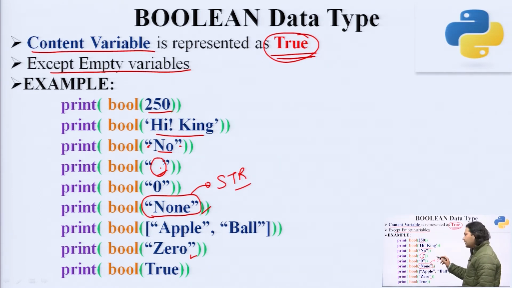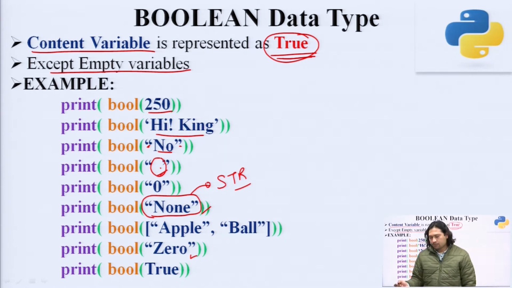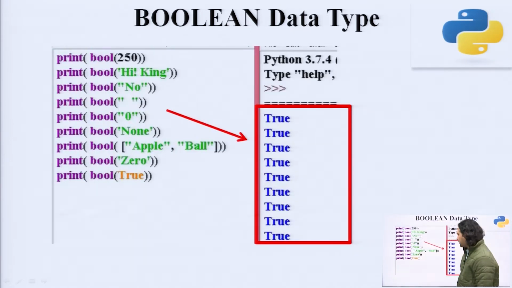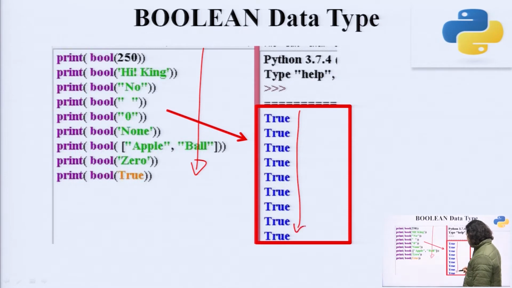Due to this it has some content, and this content is represented as true Boolean value. Now we have run this whole program, and the code is just as it is in the PPTs, and you can see the output is totally true.